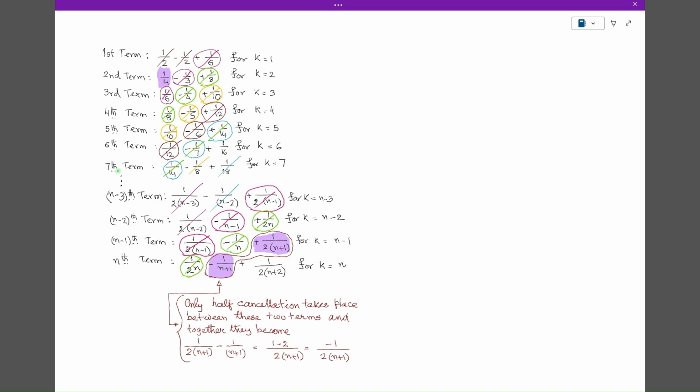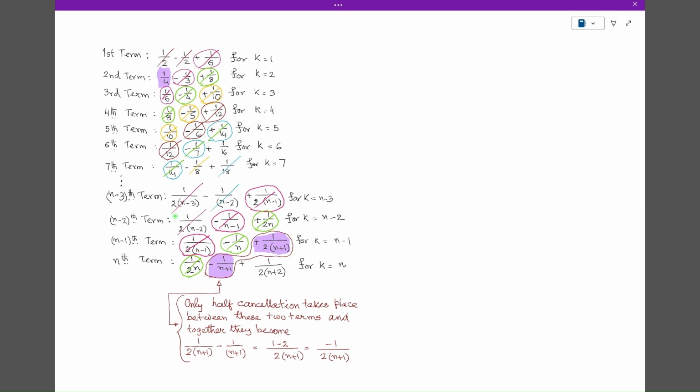And in the seventh term, this minus 1 by 8 will similarly cancel out with 1 by 16 here and 1 by 16, which will be coming later. And this term will also cancel out with minus 1 by 9 and another 1 by 8, which will come later. So these two terms also will cancel out.